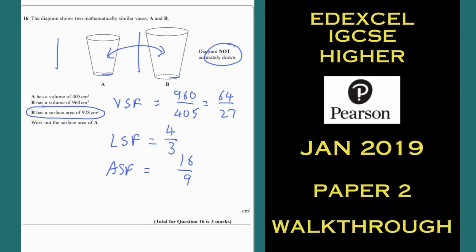So B has a surface area of 928. I want to make it smaller, so I need to divide by my number that's bigger than 1. And it spits out a reasonably well-looking, healthy 522 centimetres squared.